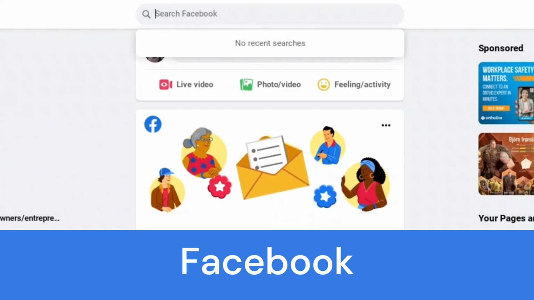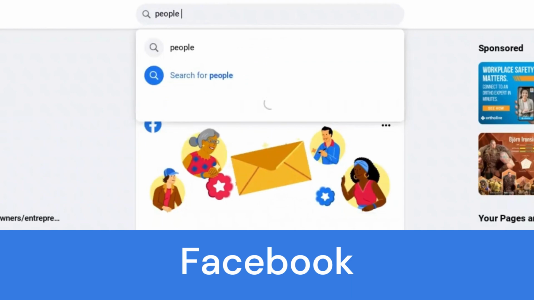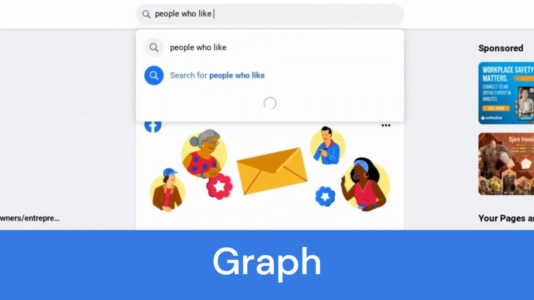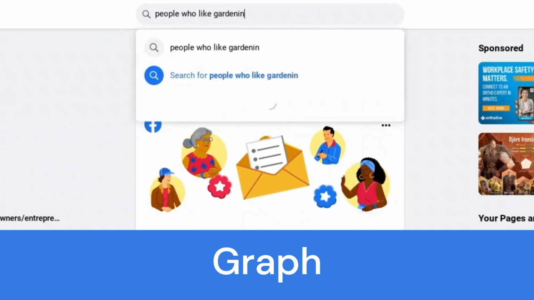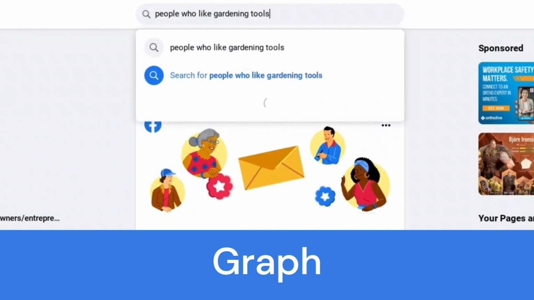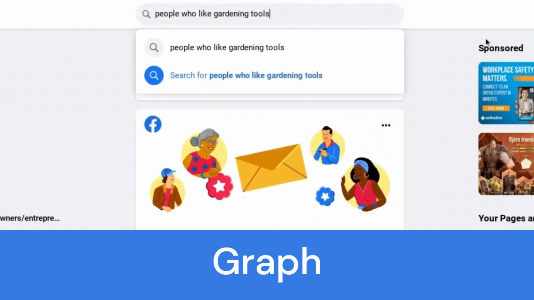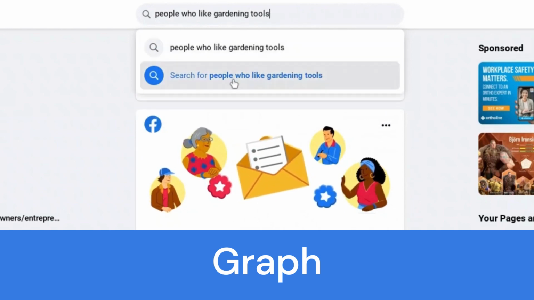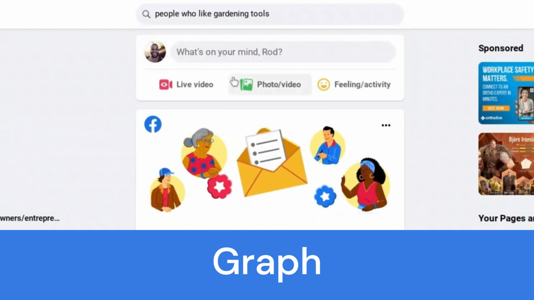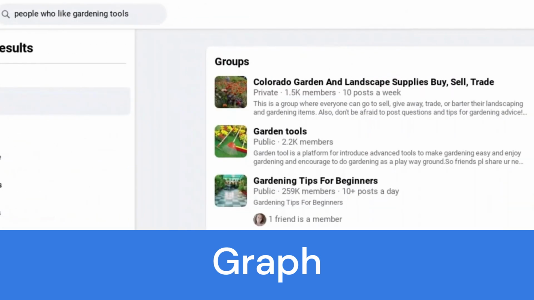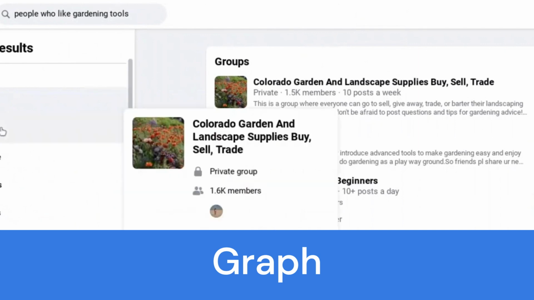And you can go into the graph search and type in people who like gardening tools, right? What that will do is pull up a bunch of people who actually are interested in what you're selling, right? Because you are selling gardening tools. It's important to put those in front of people who have a likely chance of being interested or even purchasing what you're selling.